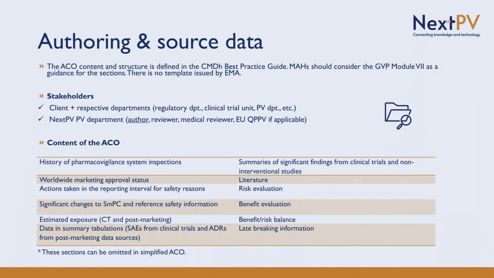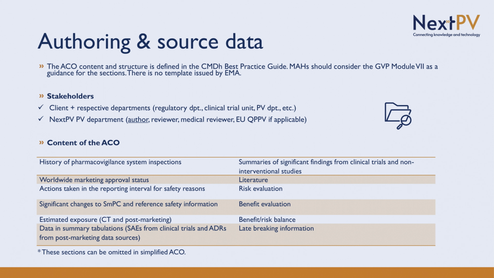Authoring and source data. The content and structure of the ACO are defined by the CMDH Best Practice Guide, with guidance from GVP Module 7. Key stakeholders include the client and respective departments, such as regulatory, clinical, trial units, and pharmacovigilance. The Next PV department is responsible for authoring and reviewing the ACO, with contributions from various experts.